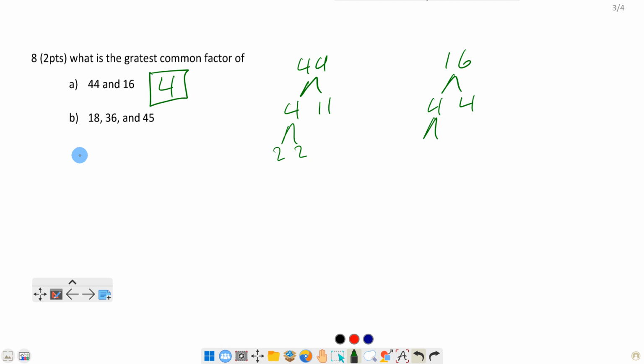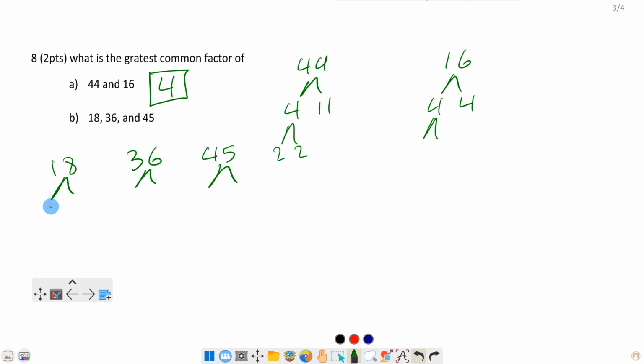So then I'm going to do the same thing. First, I try to see, can 18 go into 36? And it can. Can 18 go into 45? And 18 cannot. So I'm going to take 18, split that up, 36, split that up, 45, split that up.